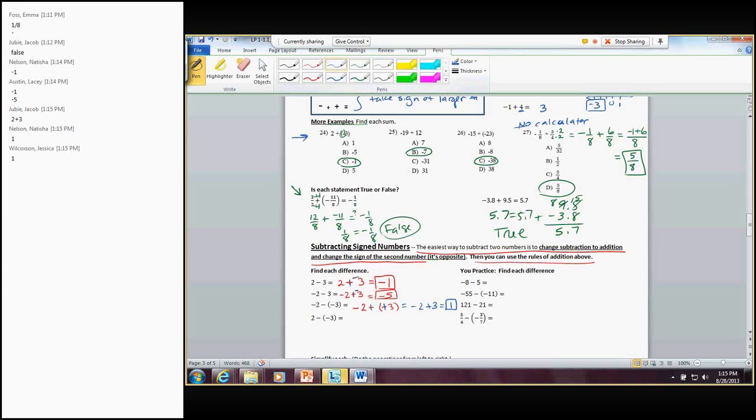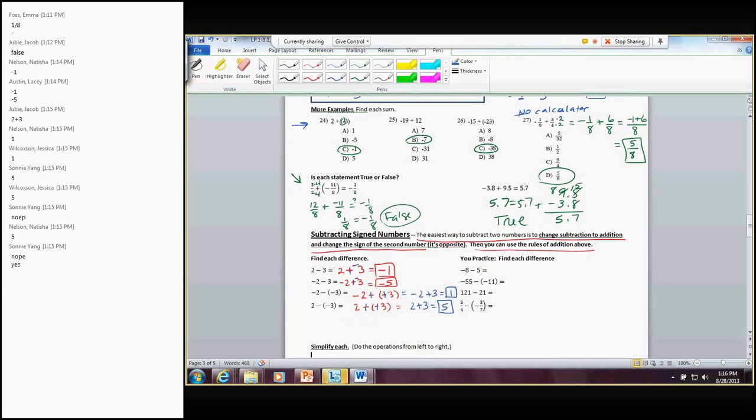Okay, and what about the last one? So 2 minus a negative 3 is really like saying 2 plus a positive 3. Oh, I goofed up. It doesn't start off negative, does it? Sorry about that. So 2 plus 3 is equal to 5. Did I get it right that time?